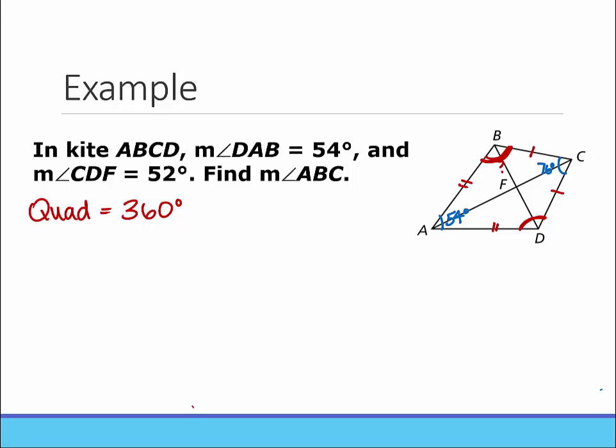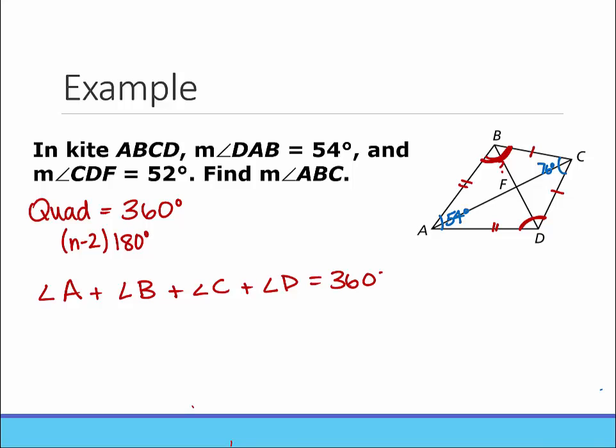That goes back to this formula here, times 180. So when I do that, I can say that A, B, C, and D have to add up to 360 degrees.